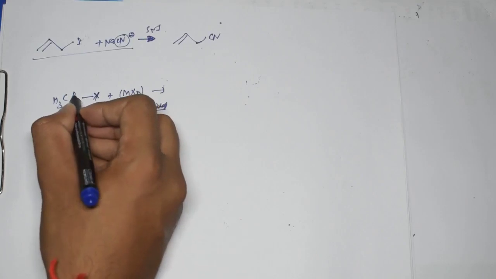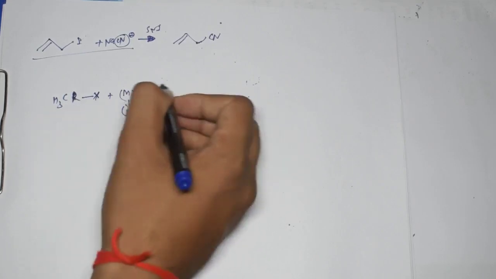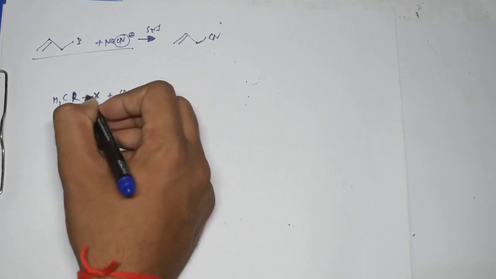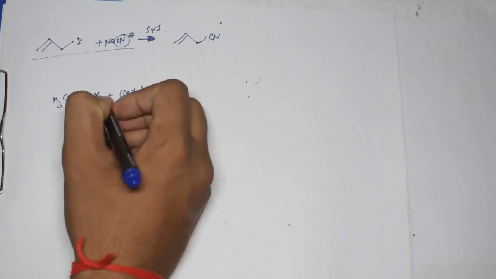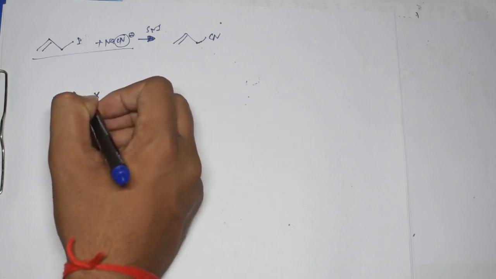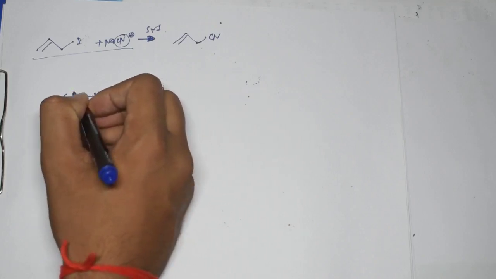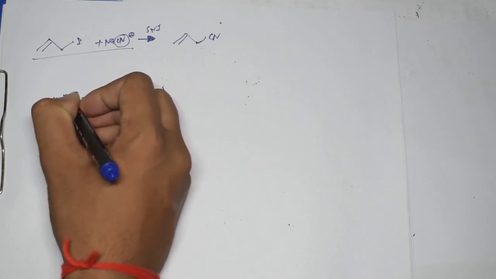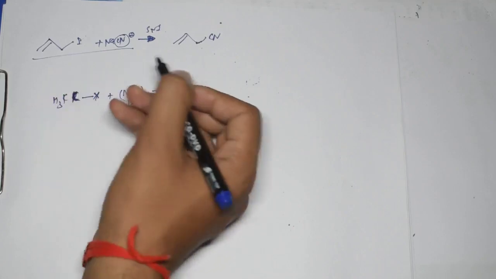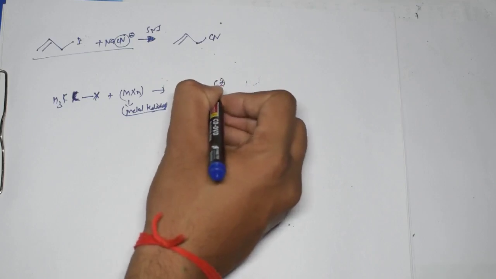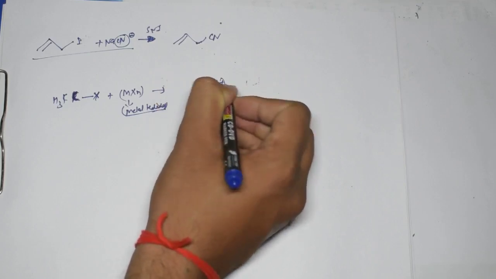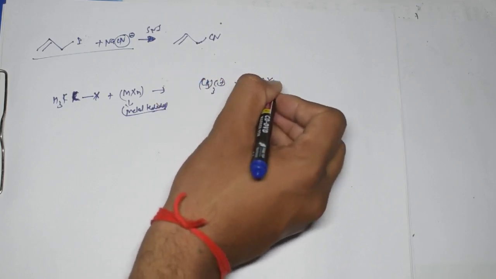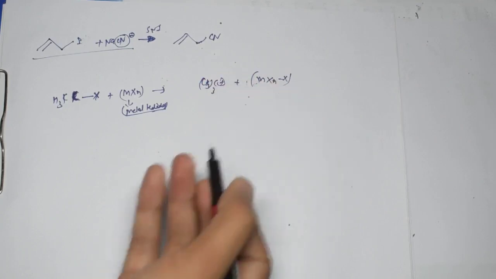So if we have something like this, what happens? This actually promotes the formation of the carbocation, so it will be quite easy to form the carbocation over here. It is very easy to form this one, and this MXn, and this X will be produced.